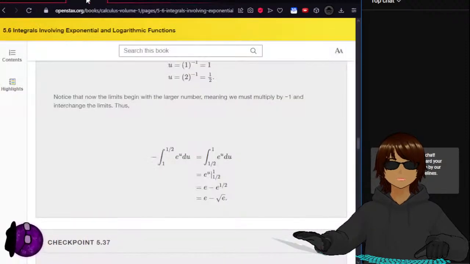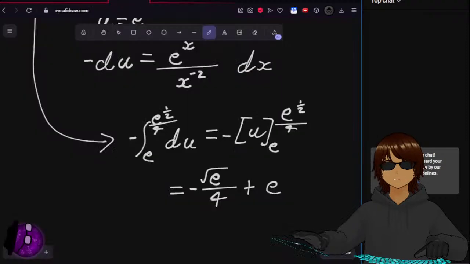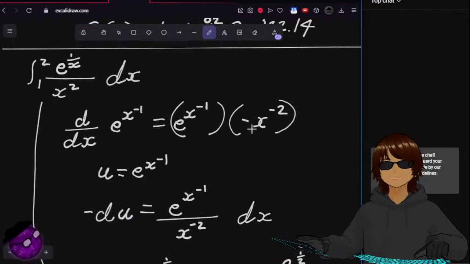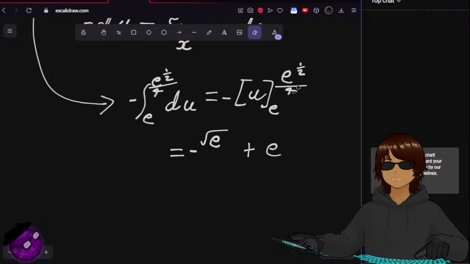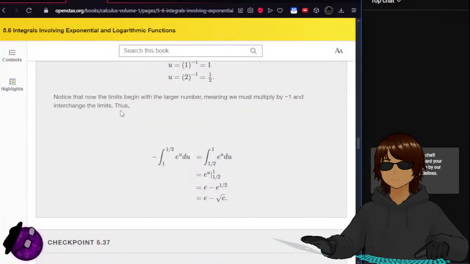Why is it root e minus root e plus e minus root e plus e? What happened here? Oh wait, it's this. I've been substituting this. So e, yeah, it's root e there minus root e plus e.